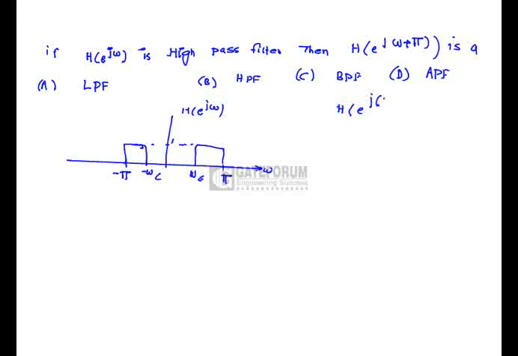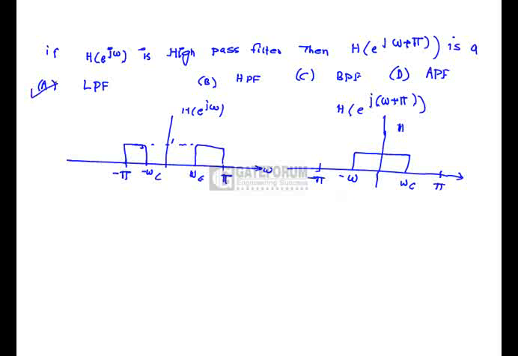H of e power j (omega plus pi) means you are shifting to the left by pi. That is, you are going to get this one. So it acts as a low pass filter. That is, option A is correct.